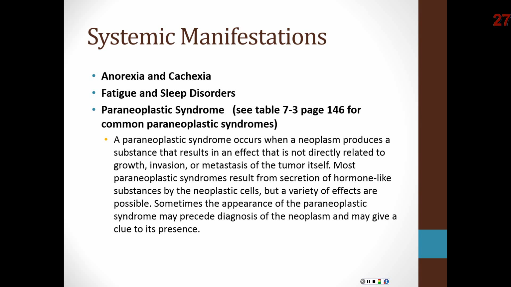For instance, in a lung cancer, some of the tumor cells in the lungs start producing the hormone ADH, or antidiuretic hormone. And the function of ADH is to retain water.